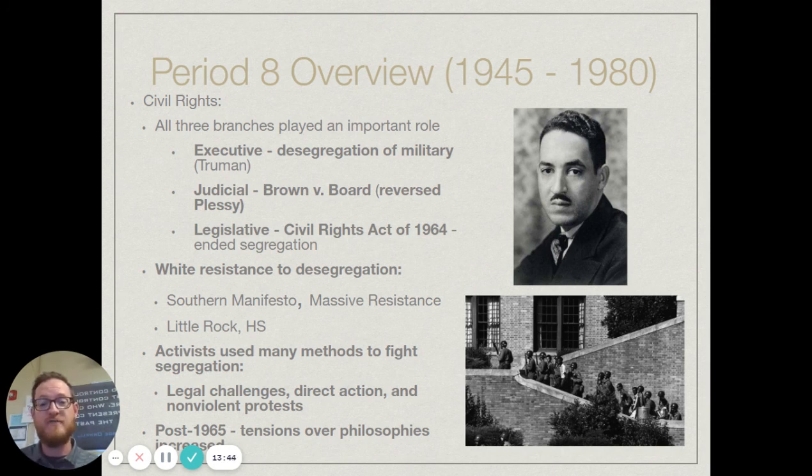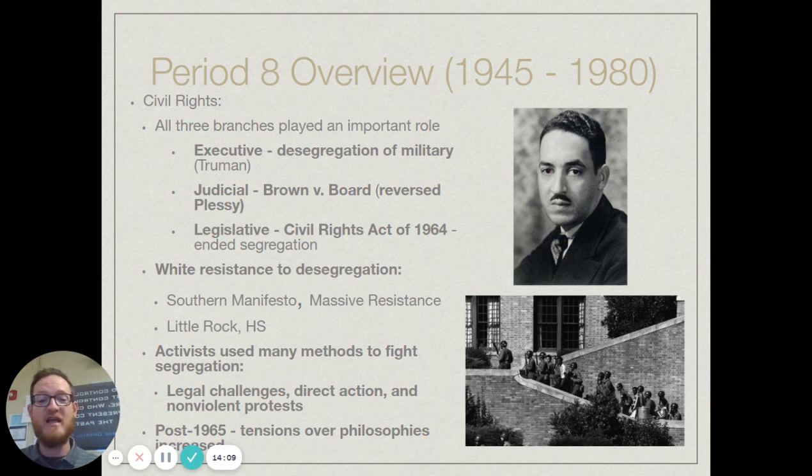Remember, Plessy versus Ferguson said separate but equal is okay and is constitutional. The Brown versus Board decision overturns that. Again, the Brown versus Board decision was not only the Brown versus Board case, but also was 5 cases dealing with segregation of schools. One of those cases even coming from here in Virginia in Prince Edward County in Davis versus Prince Edward County.